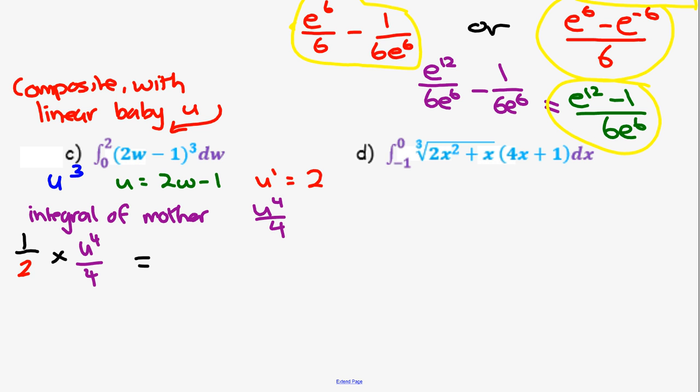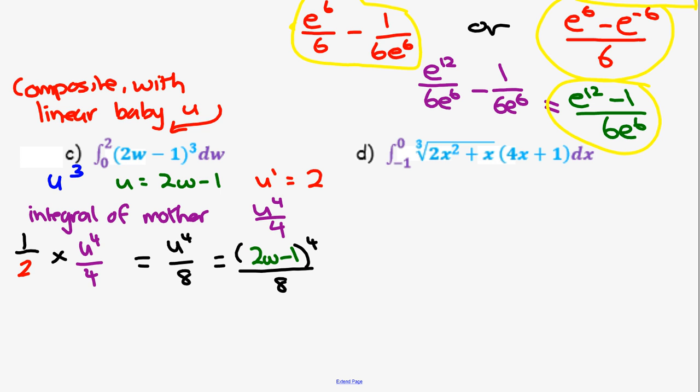Times that, what do you get? u to the 4 over 8. Good. And then in my final thing on this line, I just sub in the baby. So sub in the baby, you've got (2w minus 1) to the power of 4 over 8.